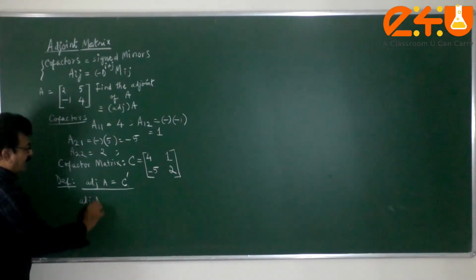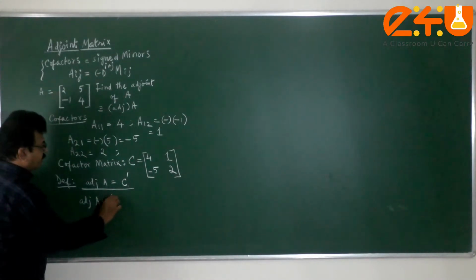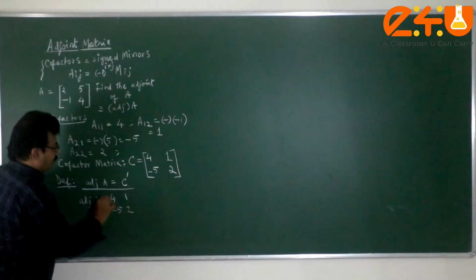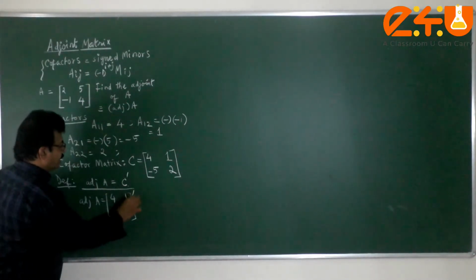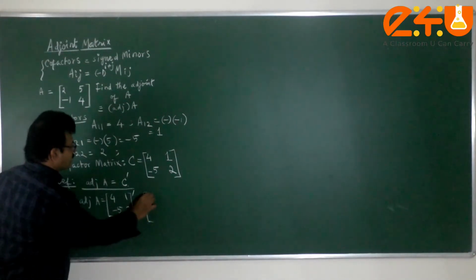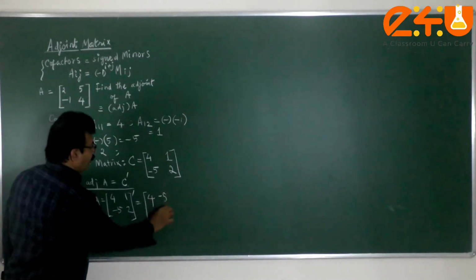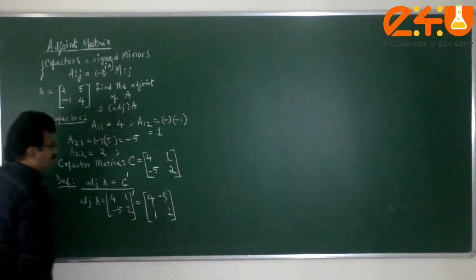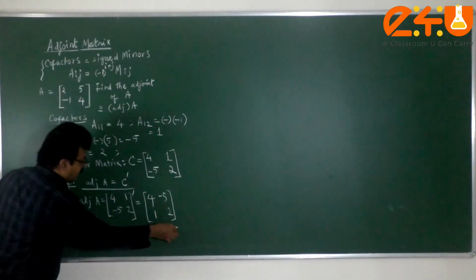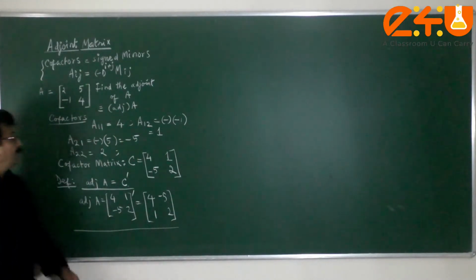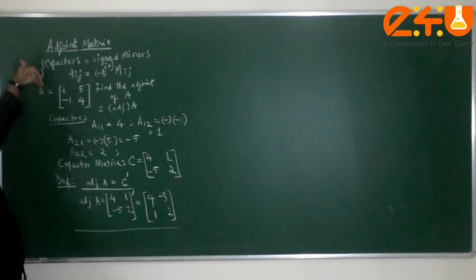Now we arrive at adjoint A, which is 4, 1 in row 1, minus 5, 2 in row 2. After transposing I get 4 and 1 in column 1, minus 5 and 2 in column 2. That gives the adjoint matrix of the given matrix A.